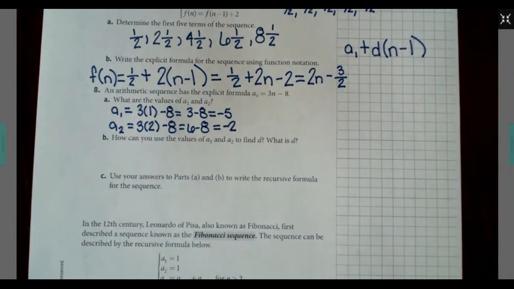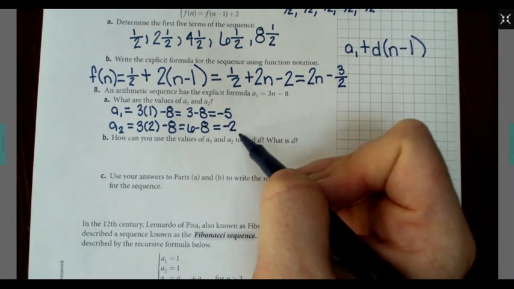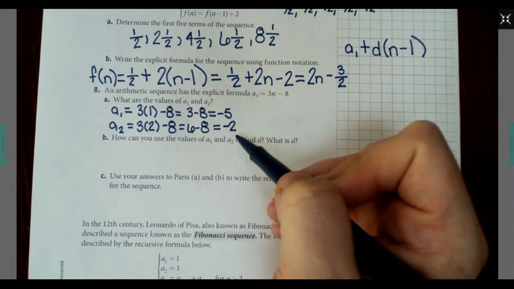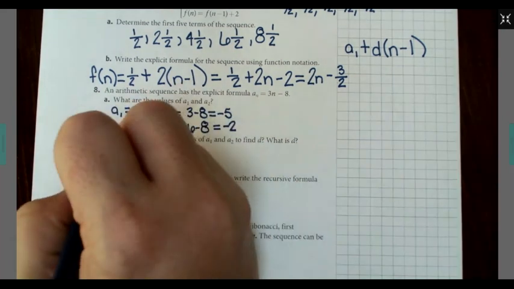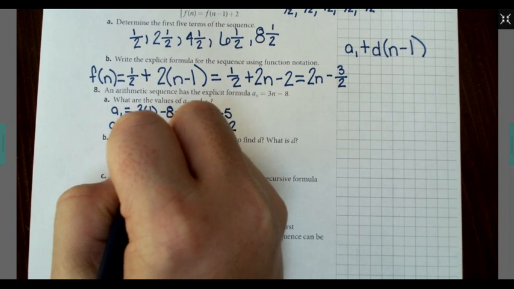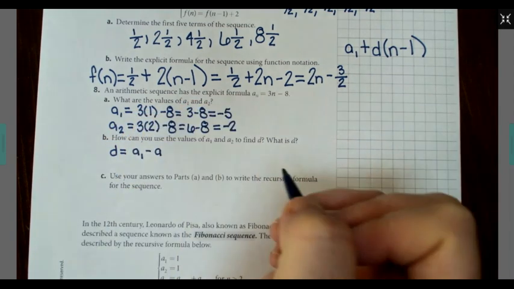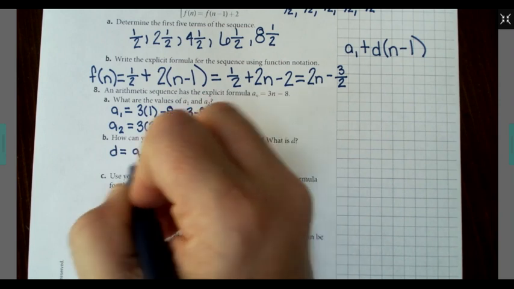How can you use these values of A1 and A2 to find the common difference? And what is D? Well, the difference is how to go from one number to the next, right? If my sequence goes from negative 5 to negative 2, how do I find what the value of D is? D should be equal to A sub 2 minus A sub 1.